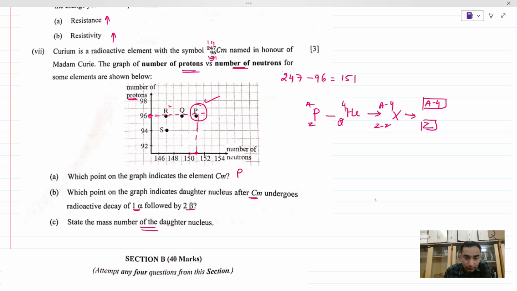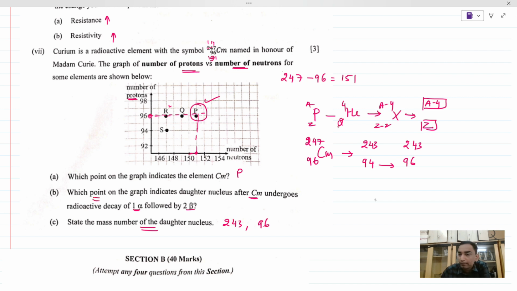They are asking us to state the mass number of the daughter nuclei. I forgot that Cm 96 is 247. So 4 decreases, so 243, and 2 decreases, 94. Then this increases by 2, so 96, and there is no change in mass number, 243. So the mass number of the daughter nuclei is 243, atomic number is 96.